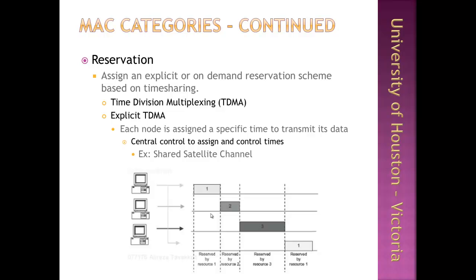An example of a time-based reservation scheme is illustrated in this figure. Time 1 is reserved by resource 1 at the first part of this mechanism, time 2 is reserved for resource 2, and time 3 is reserved for resource 3. While computer 1 at the top has more information than it can send in its allocated time slot, it has to send whatever it can while its allocated time slot is available.